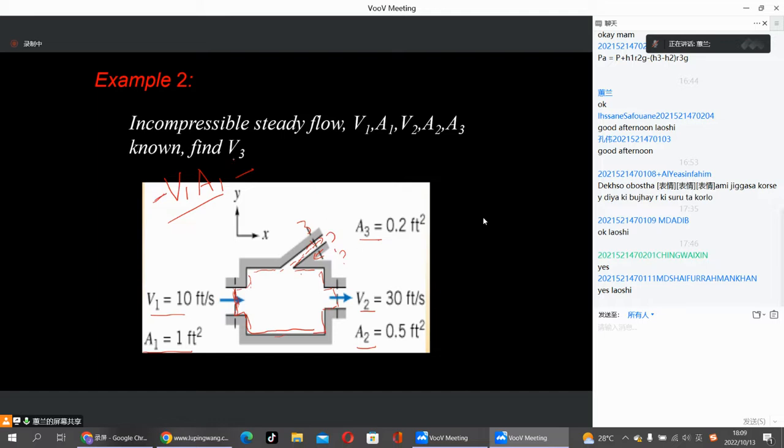And this is out, plus V2 A2, plus V3 A3 should equal 0. If I use plus here, that means I assume it is outlet flow. If you find the answer is positive, your assumption is right and it really is outflow. If it is negative, it is actually inlet flow. So right, this one.